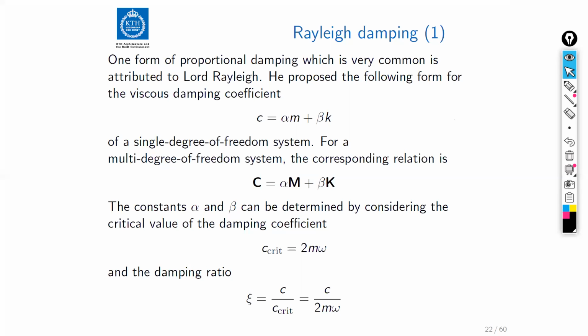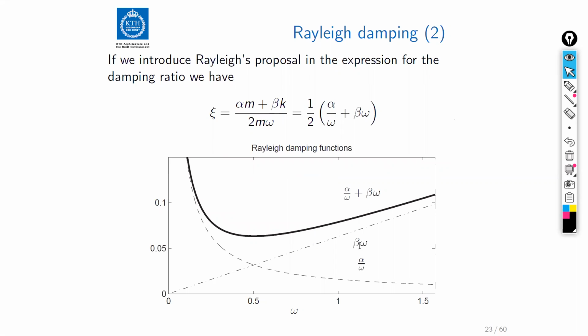So the damping ratio has this relationship. So if we introduce the Rayleigh model into this expression, we can write the damping ratio on this form here as a function of the two parameters alpha and beta of the Rayleigh damping and the frequency of vibration, omega.